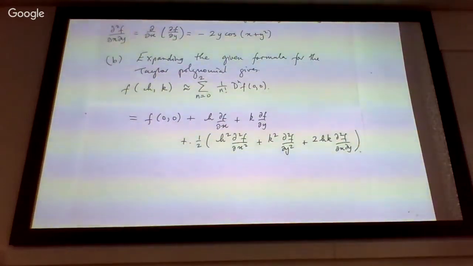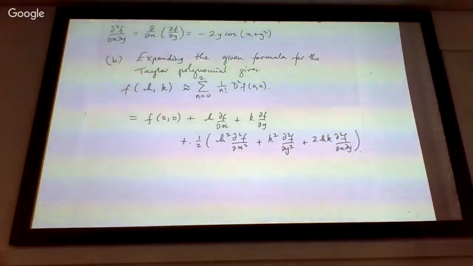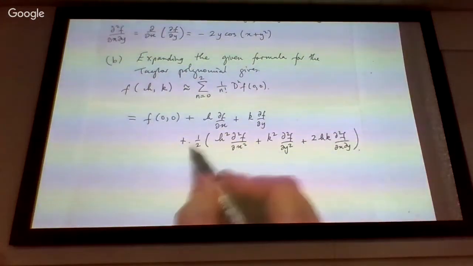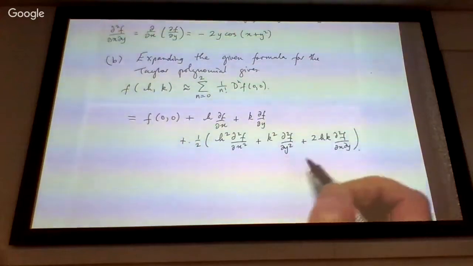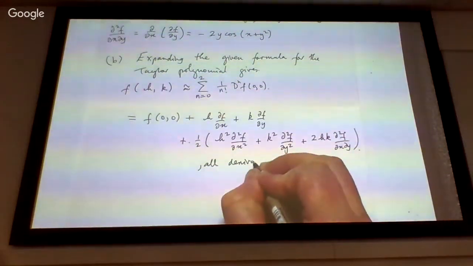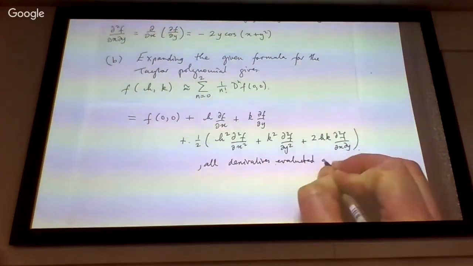So that quantity there in the brackets is d squared applied to f. And I haven't indicated the evaluations. You could put a bar and a subscript against each thing, but it would litter up the expression. So I'll just say all derivatives evaluated at 0, 0.